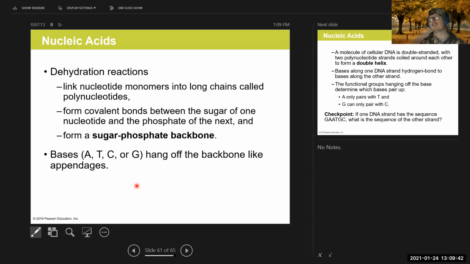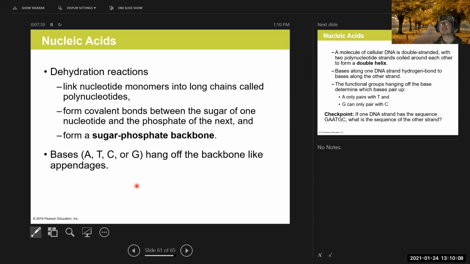And this ends up forming what we call a sugar phosphate backbone that makes up the structural component, the rigidity of the DNA molecules and the RNA molecules. And the nitrogenous bases actually stick out or hang off of the sugar phosphate backbone.